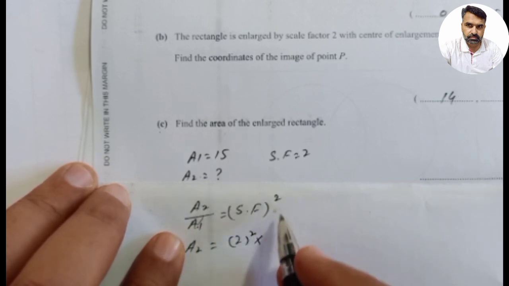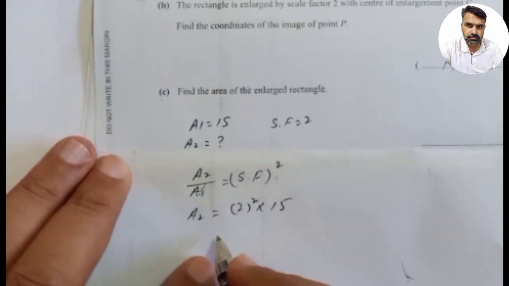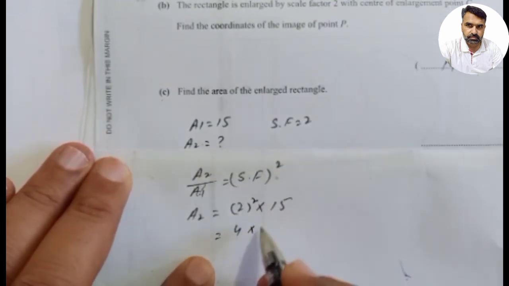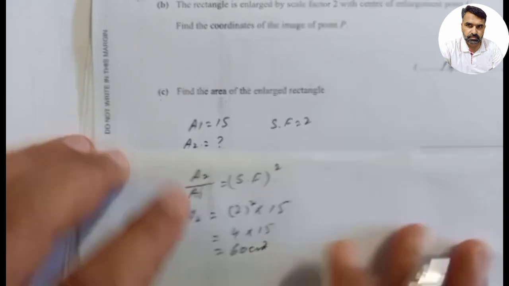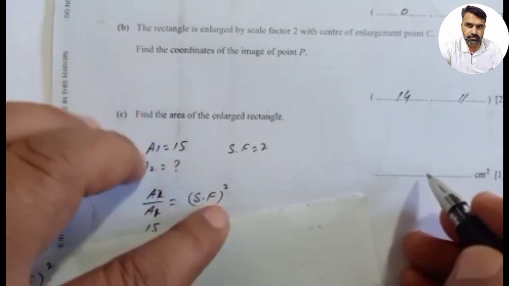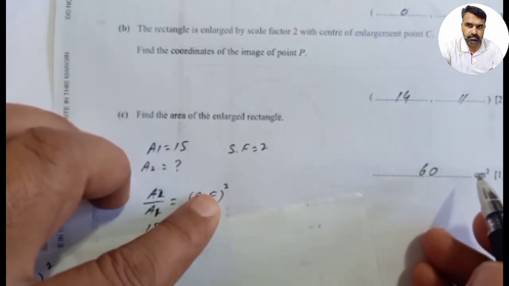When we transfer it to the other side, it will multiply, and A1 is 15. So students, the area of the enlarged triangle will be 4 multiplied by 15, which means 60 centimeter square. So the area of the enlarged triangle will be 60 centimeter square.